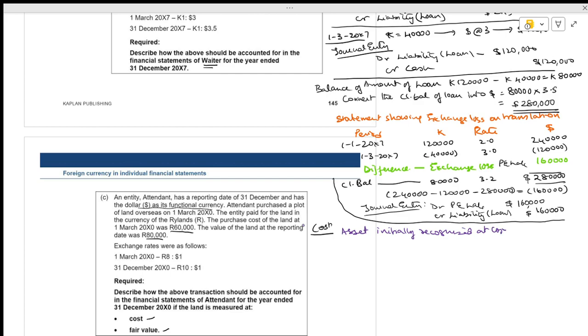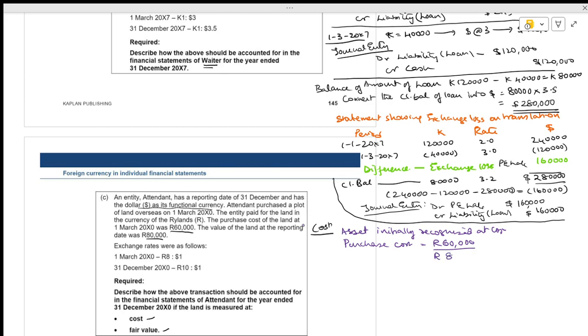Now what happens? How much have they purchased? The purchase cost is 60,000 Rylands. Okay, fine. And 60,000 divided by how much?